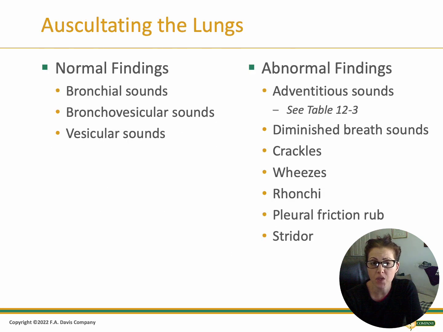Normal sounds are your bronchial, your bronchovesicular, as well as your vesicular sounds. And then you've got your abnormal adventitious sounds, such as crackles, rales, rhonchi. Your F.A. Davis has really good videos on how each of those sounds are.